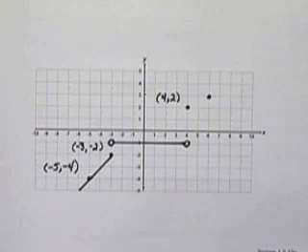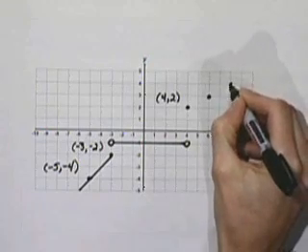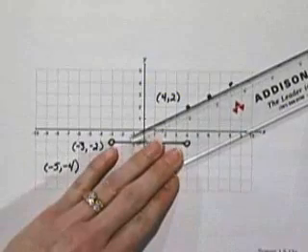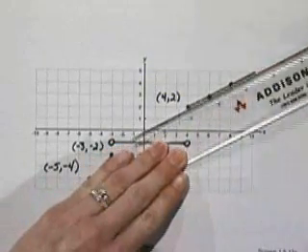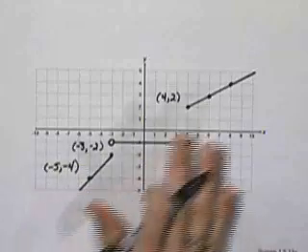If x is 8, 1/2 of 8 is 4, so we have (8, 4). And I can draw that line. So we see that our piecewise function has a graph that is in pieces. We have 3 pieces here. All right. So this is a graph of f of x.